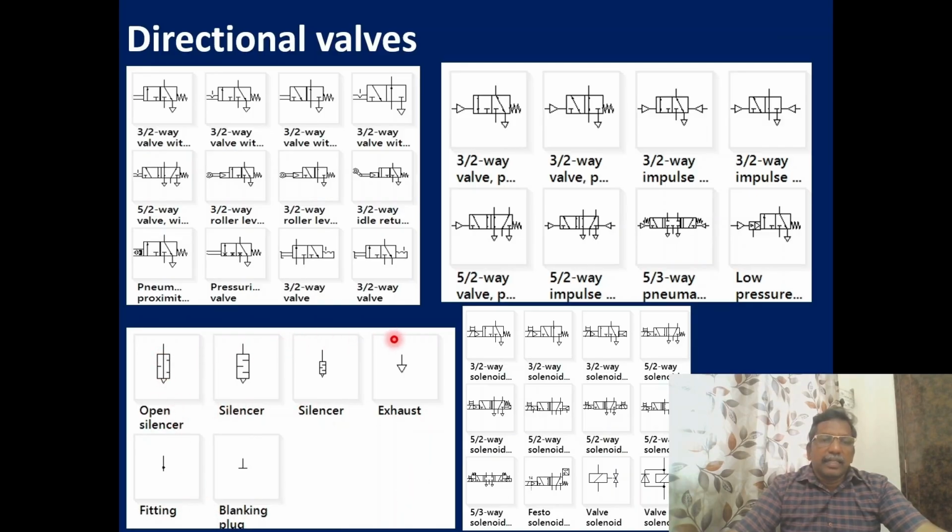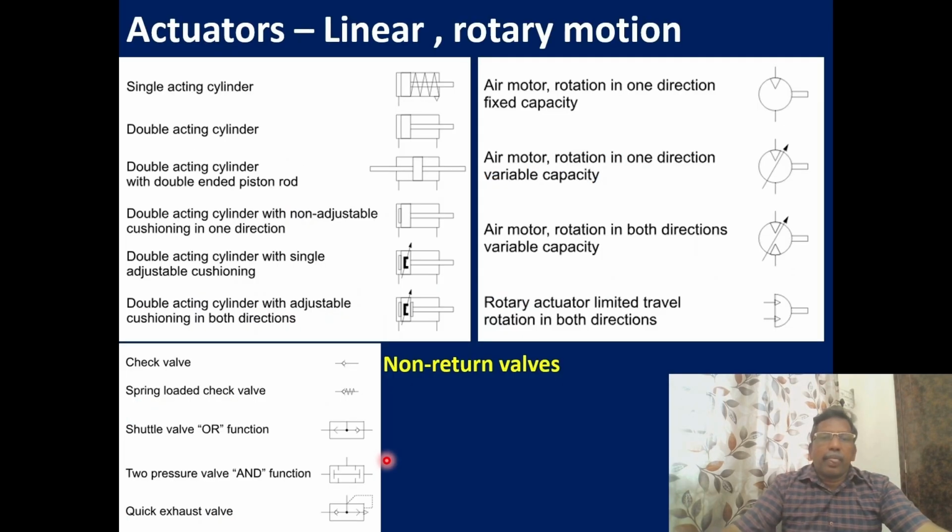So these are all the exhaust elements. We have silencers, and symbols usually used in the circuit, then fitting, blanking. Just like that we have a number of symbols.